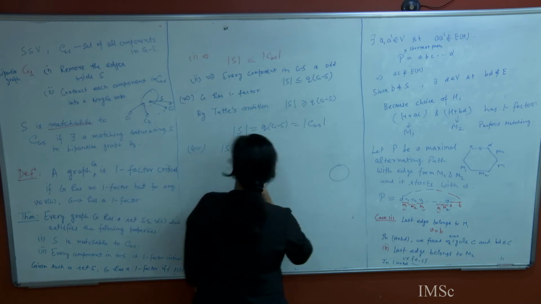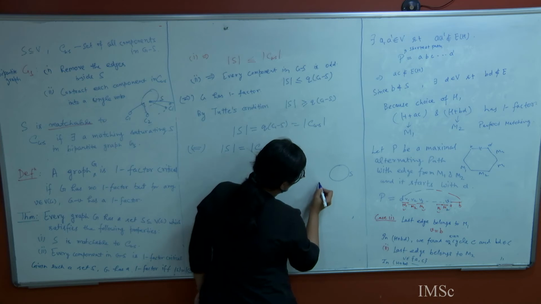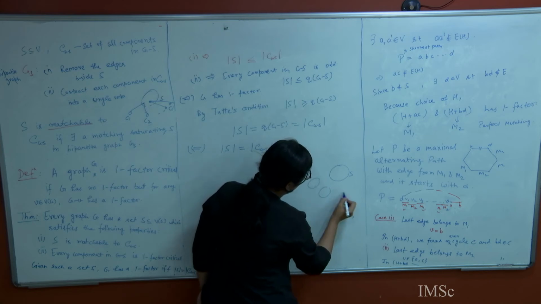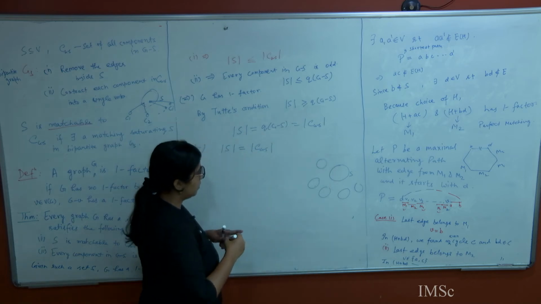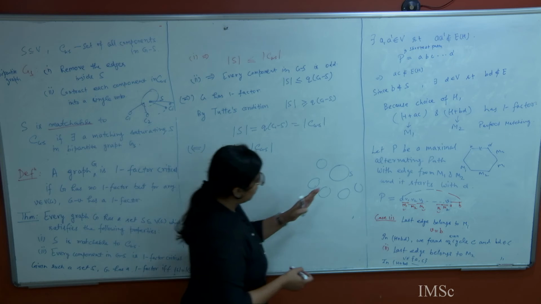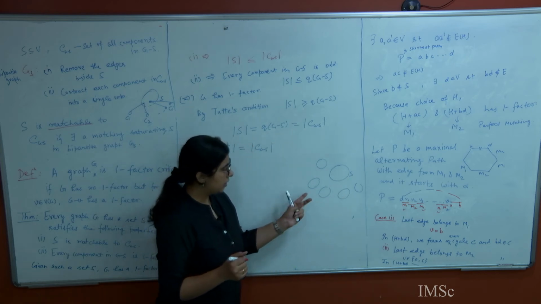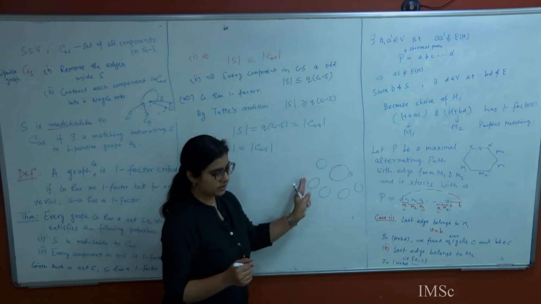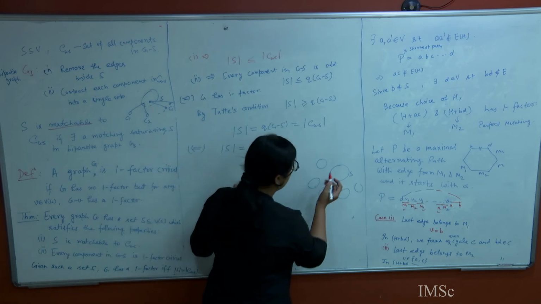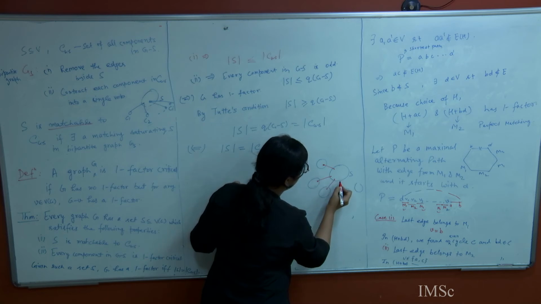Let's look at this set S. What properties does S have? S is matchable to C(G minus S), right? That means there exists some matching which saturates every vertex in S.